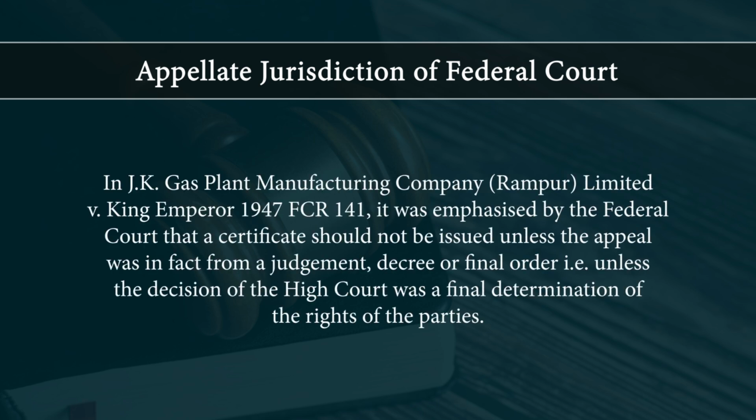In JK Gas Plant Manufacturing Company, Rampur Limited versus King Emperor, a case of 1947, it was emphasized by the Federal Court that a certificate should not be issued unless the appeal was in fact from a judgment, decree or final order. That is, unless the decision of the High Court was a final determination of the rights of the parties.